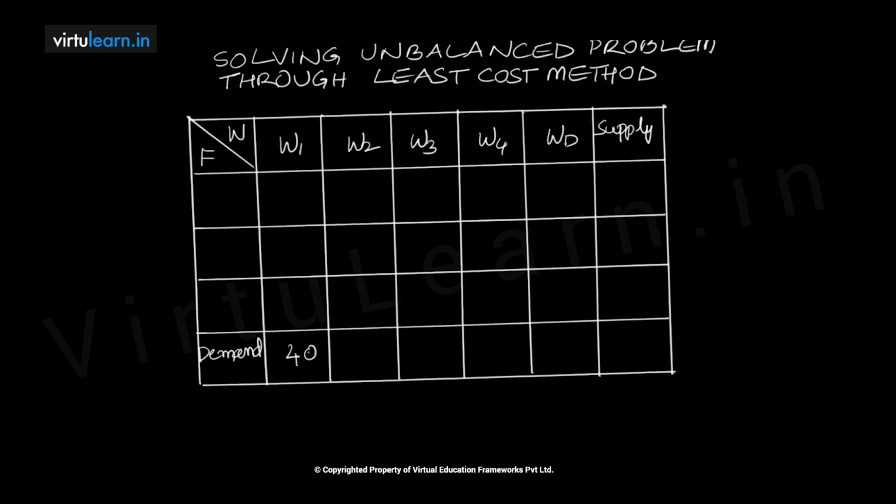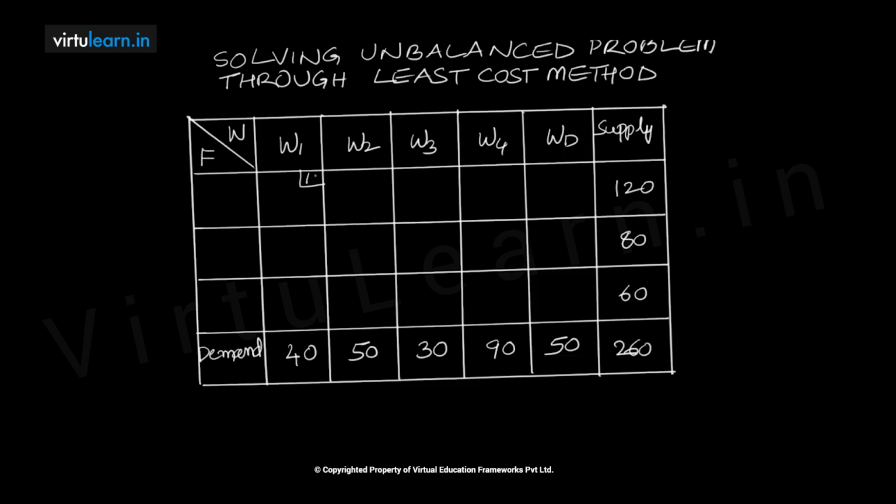So here W1 requires 40 units, W2 50 units, W3 30 units, W4 90 units, WD dummy 50 units, total 260, as it was earlier, with supplies 120, 80 and 60.